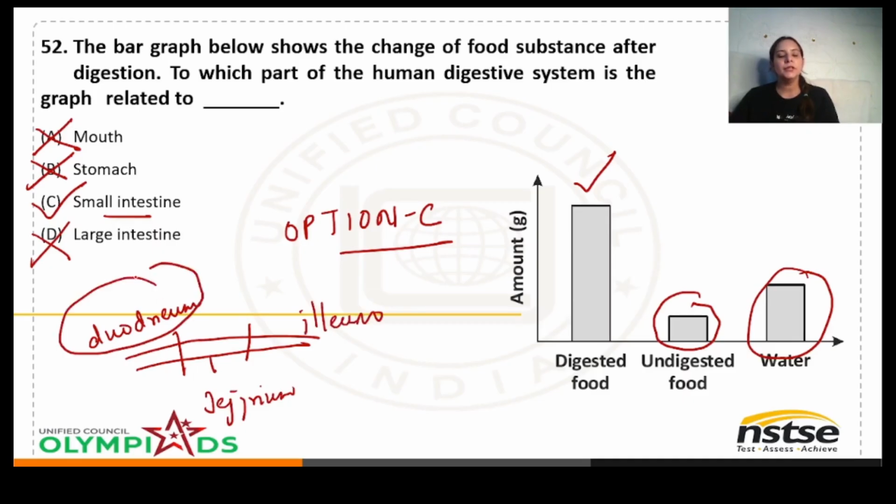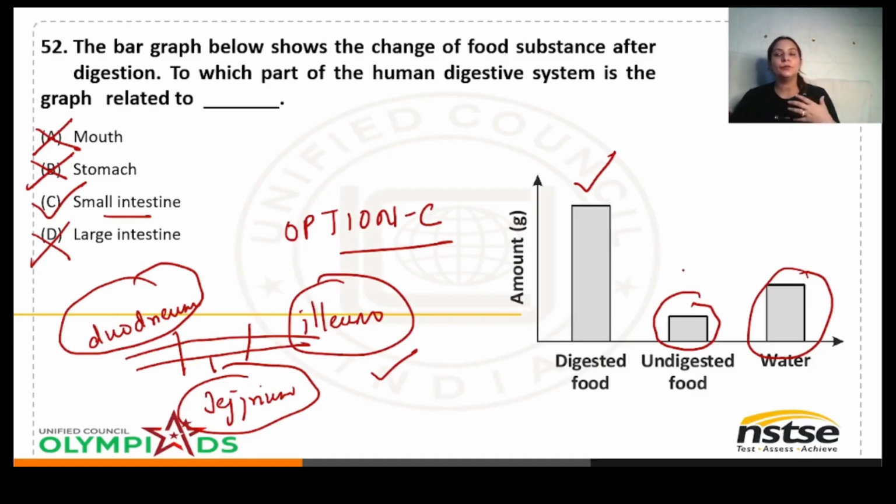Digestion continues here, but in ileum, digestion completes and food absorption starts. So when digestion completes, it has a lot of digested food, but still it has undigested food and water, because the function to remove undigested food and absorb water is of large intestine, not small intestine. That is the reason option C is the correct answer here.